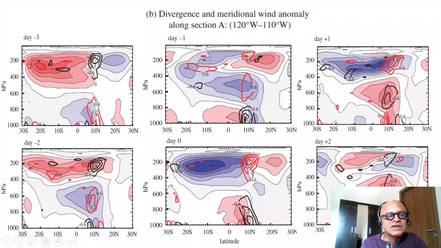So convergence and divergence, which is getting set up, -2, -1, and by the time you reach the peak convection in the 4 to 8 day oscillation, you have well set up convergence and the convergence divergence doublet that we talked about.